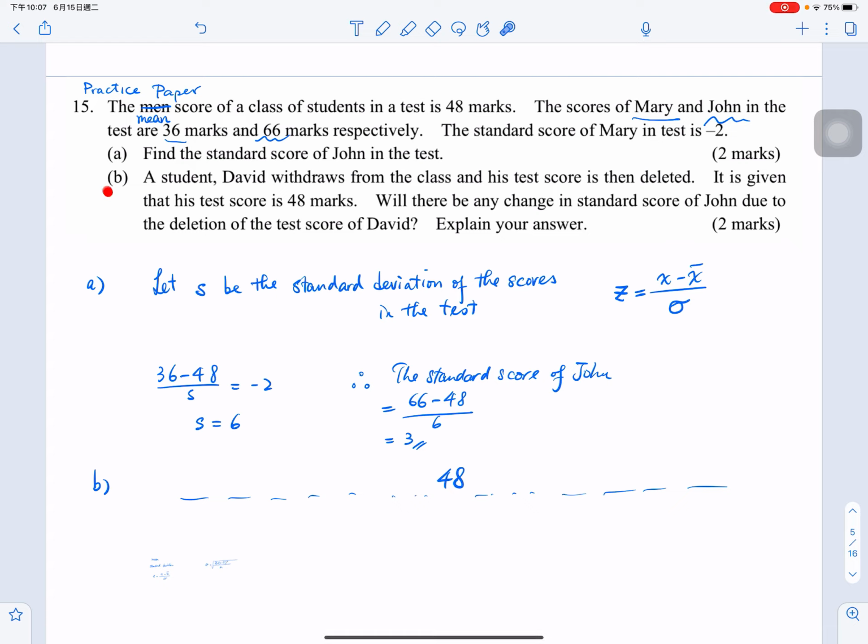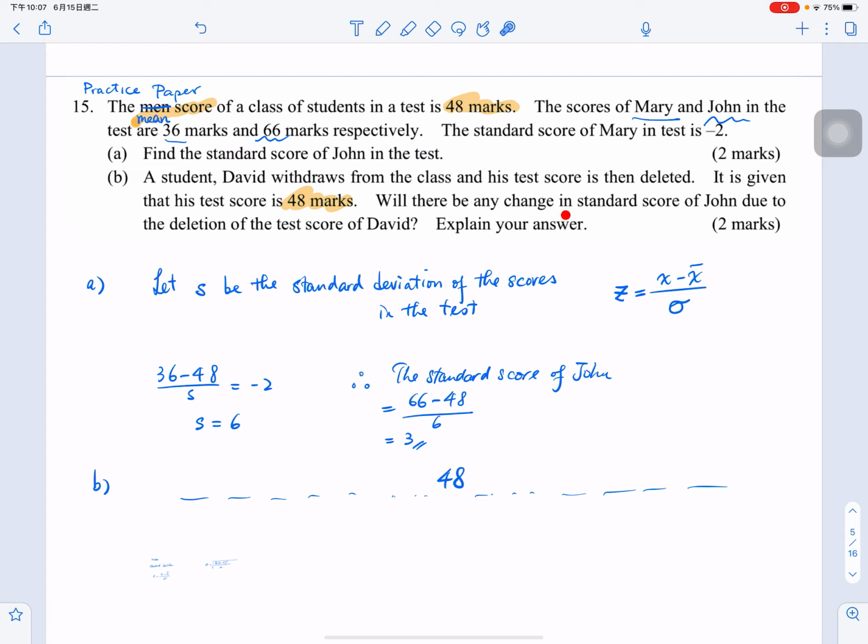Okay, let's see. Now a student, David, withdraws from the class and his test score is then deleted. It is given that his test score is 48 marks. Oh, 48 marks, just the same as the mean score, right? So that means we pick up the mean marks and then delete it.